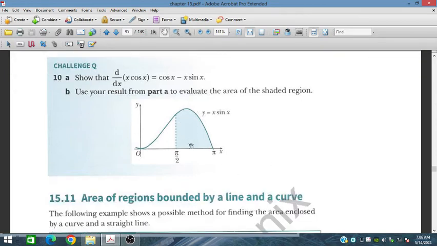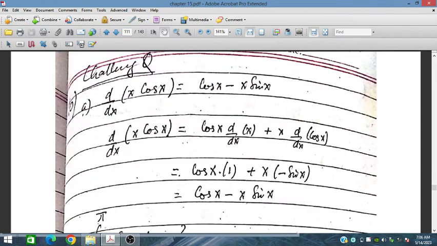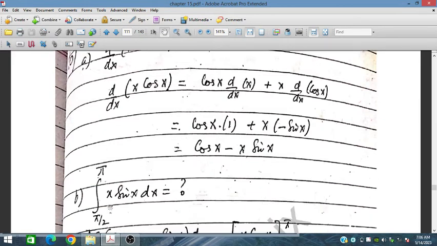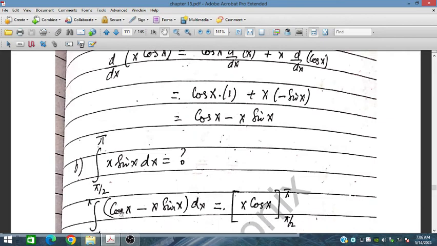So we have to find this region. This is basically this part, and this x sin x dx is found on integrating.